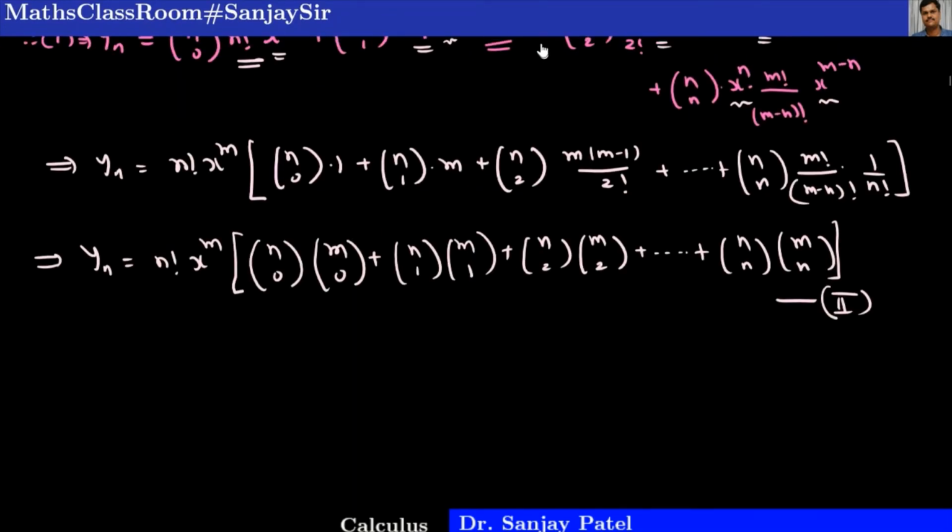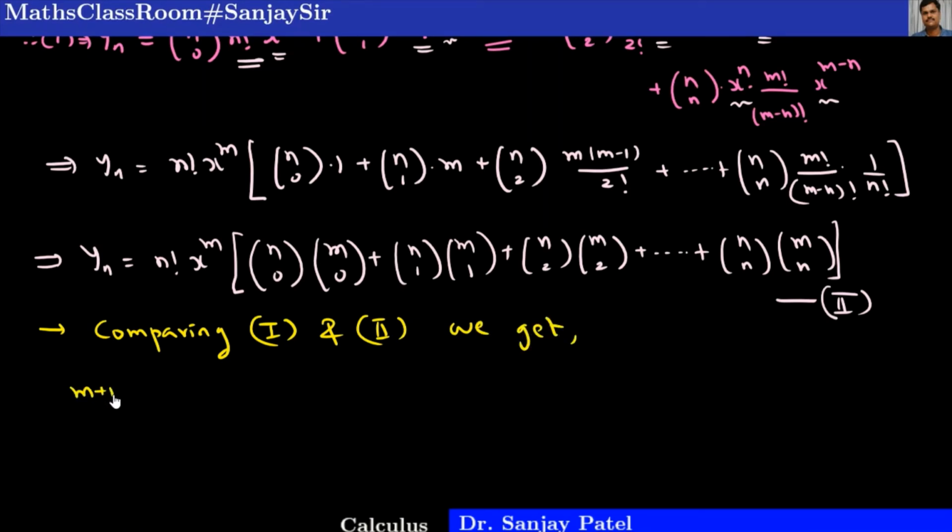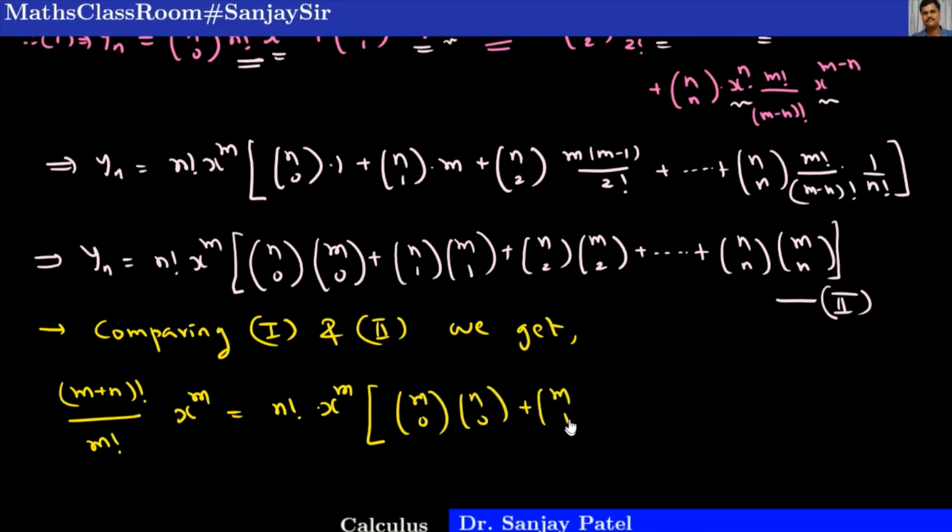So comparing 1 and 2, because 1 and 2 are the same derivatives of x raised to m plus n, the left hand side is result 1, m plus n factorial upon m factorial into x raised to m, and the right hand side is n factorial into x raised to m into this thing, that is mc0 into nc0 plus mc1 into nc1 plus and so on, plus mcn into ncn.